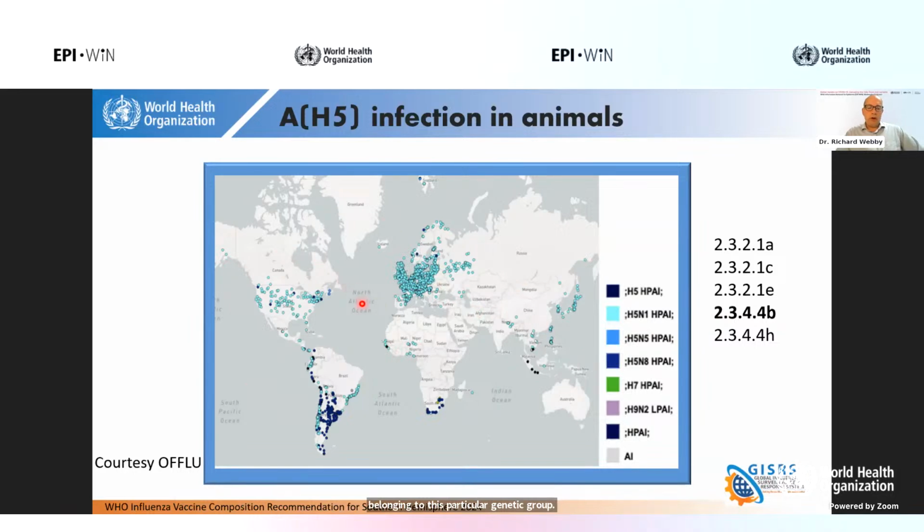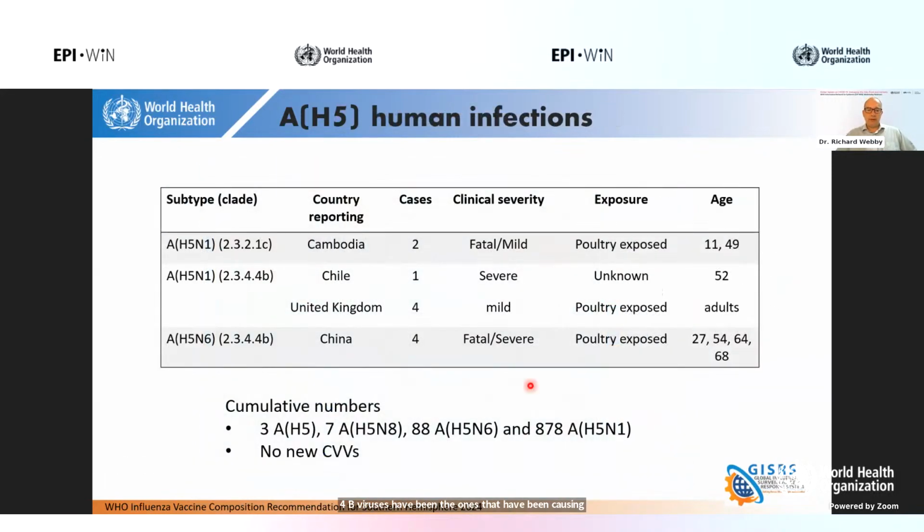So it's really all of the dots in the Americas, most of the dots in Europe, and Africa. There's a little bit more diversity across parts of Southern and Southeast Asia. But again, these 2344B viruses have been the ones that have been causing most of the problems over the past couple of years.